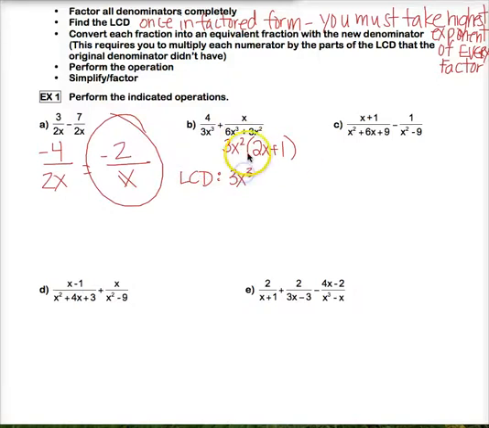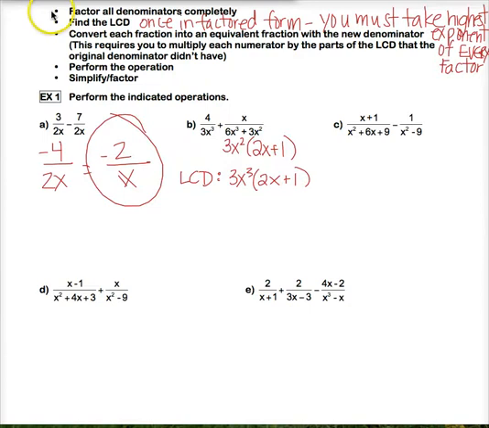Now, this whole thing is also a factor. Remember, factors are separated by multiplication, so you're not cutting the 1 and the 2x separate from each other. This itself is a factor, and so I need to take it as part of the LCD as well.